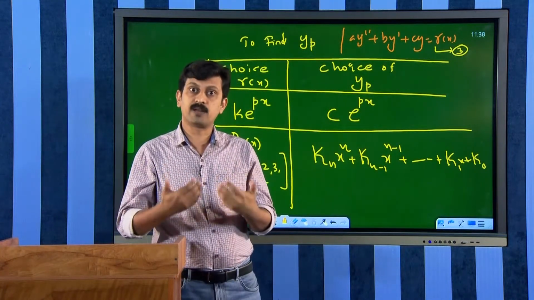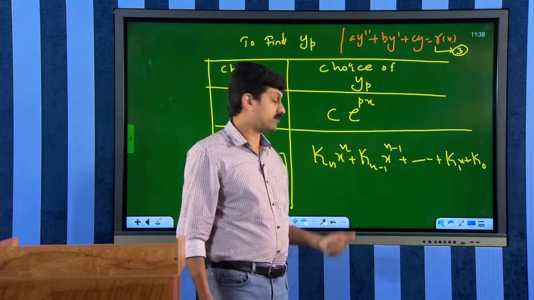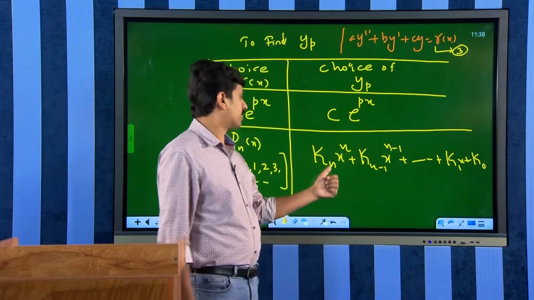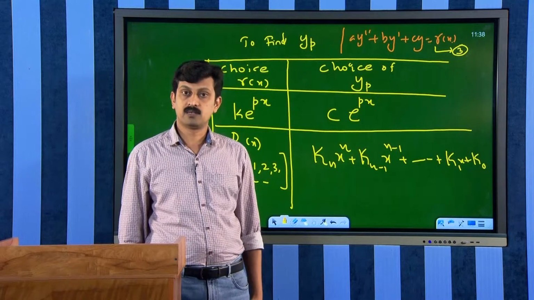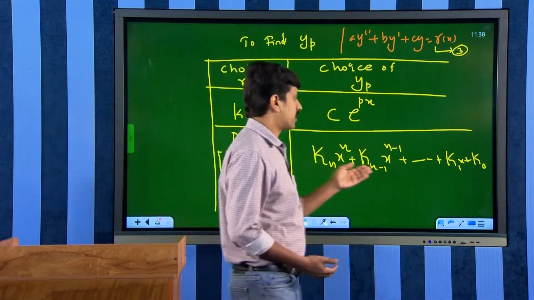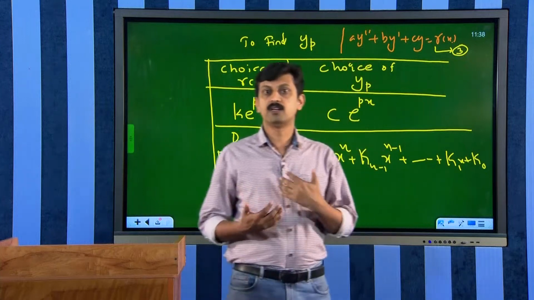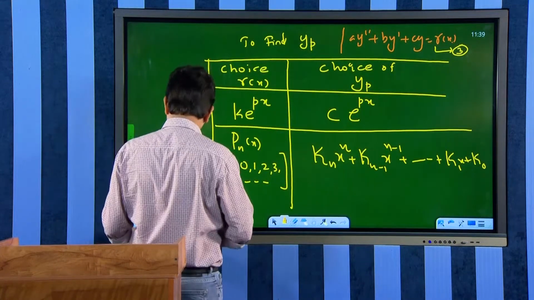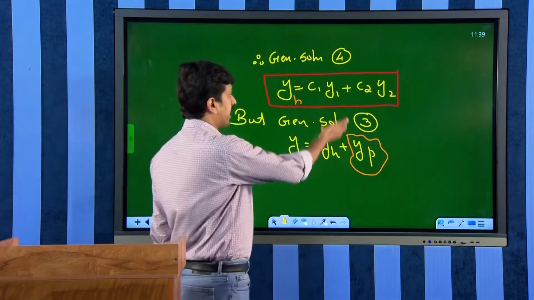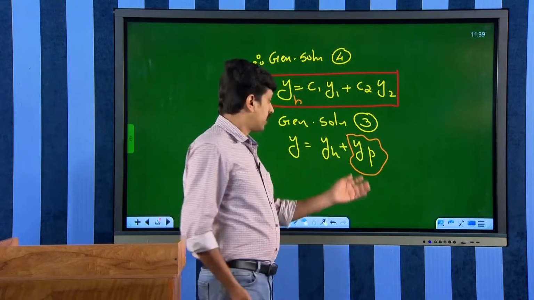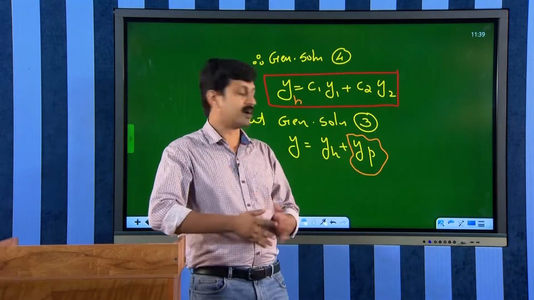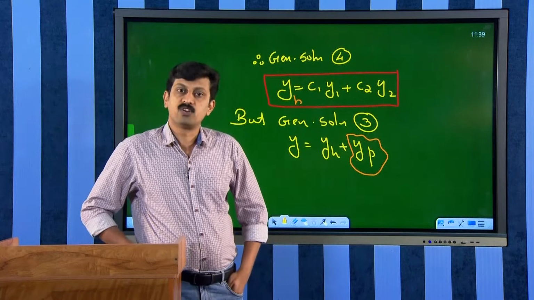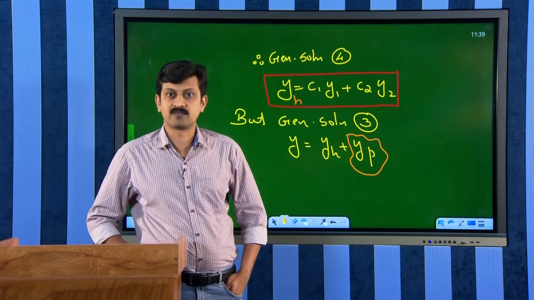After applying equation 3, we can find the values of k 1, k 2, etc., k naught, k n minus 1, k n, and replace all these values here. We will get yp, and after getting yp, see dear students, we have yh there. Just apply the yp here in this equation and we will get the general solution of the non-homogeneous differential equation.